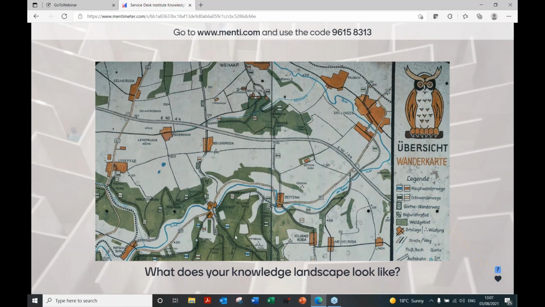The whole point is that you're trying to teach people the idea of a topography of knowledge and a common language of knowledge. Where are the blobs of knowledge and how do they relate to each other in the organization?